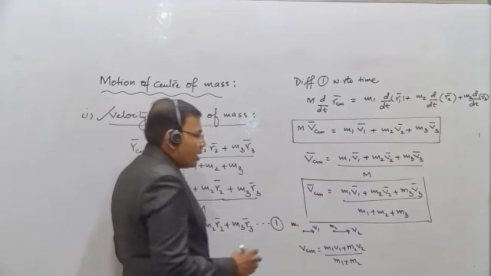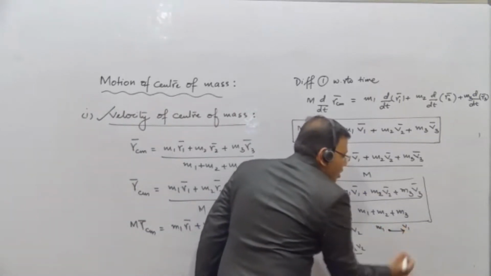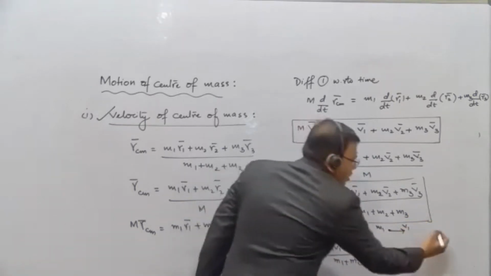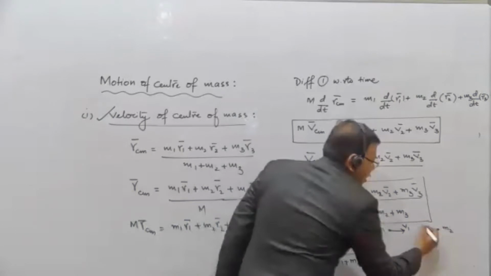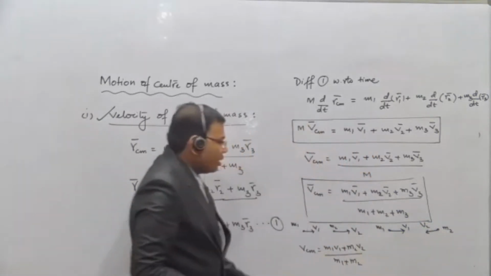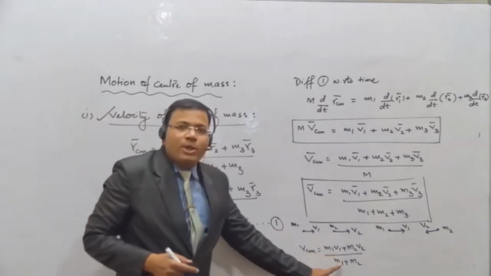अब हो सकता है कि भाई one particle, m1, is moving with the velocity v1 in this direction and m2 is moving in this direction. This is m2 and this is v2. So you can see the directions are opposite. So under that situation, you cannot use this formula.